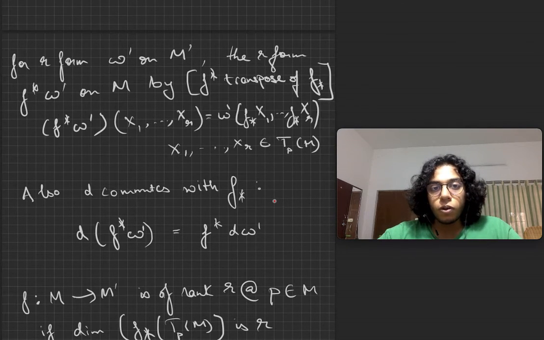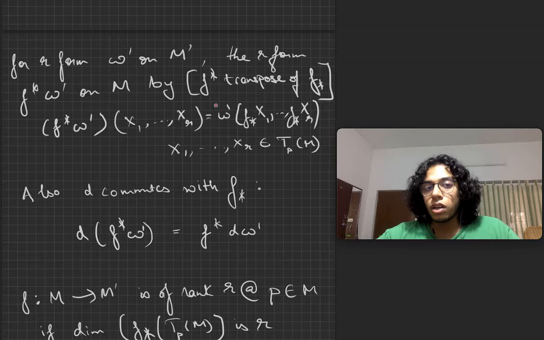Now for an R form omega prime on M prime, the R form f star omega prime on M is the transpose of f star. So you can write this as f star omega prime of x1 to xr is omega prime of f star of x1 to xr.